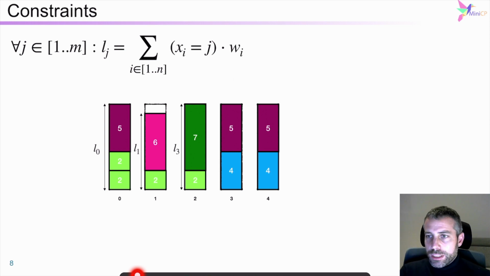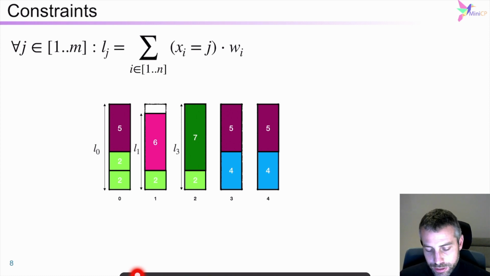In terms of constraints, because I didn't so far express the constraint, you should link the load variables and the placement variables. So for every bin, the load of this bin j (I use j for the indices of the bins and i for the indices of the items) is the sum of all the items that are placed into that bin.